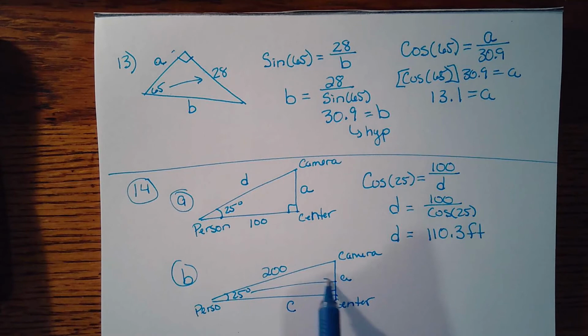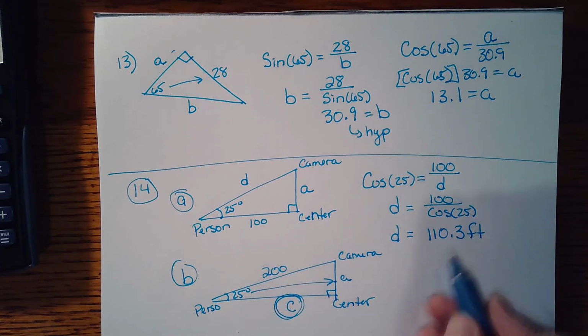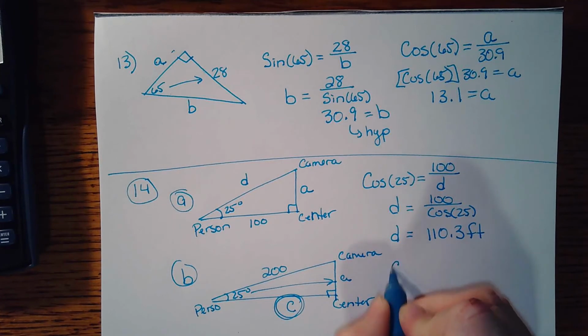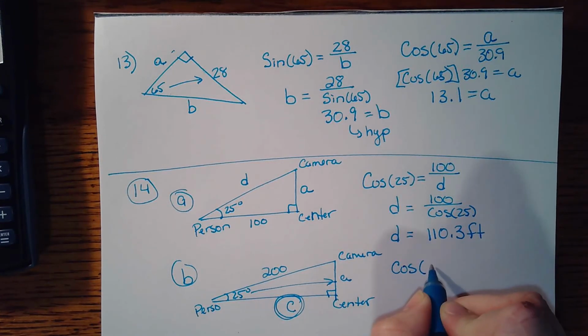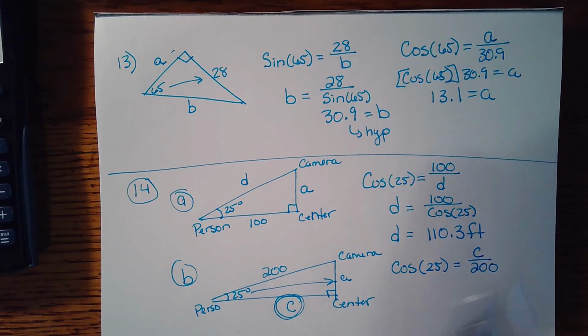That's not going to work. So we can do the adjacent. So we're looking for the adjacent. So what I have here is we have the total feet and we're looking for this guy right here. So I'm going to use cosine again because we want the adjacent angle. So it's cosine 25 equals C over 200 because we already have the hypotenuse. So that saves us some time.